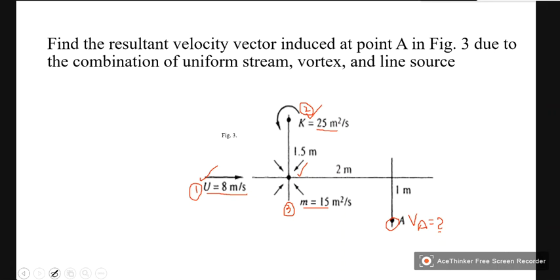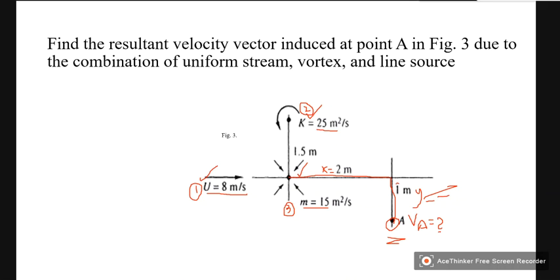Now this is your point. So this is your source. So this is x. So x is equal to 2. What is y? This is y.